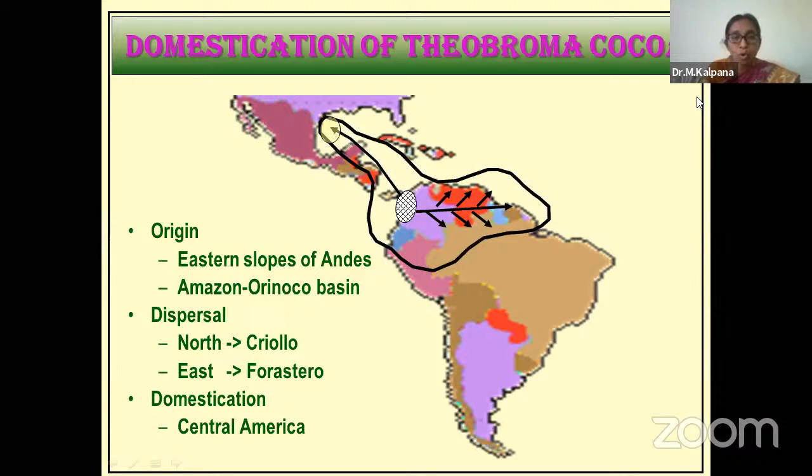They used these cocoa pods as a currency material. From there, the Criollo genetic group was dispersed to the north, and the Forastero to the east. The main domestication is concentrated in Central America.